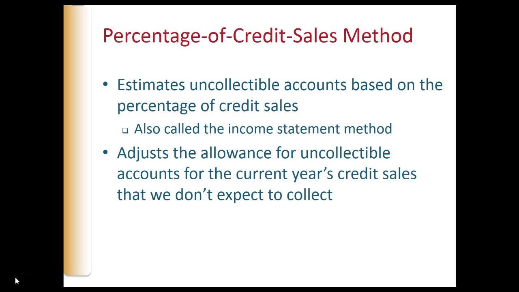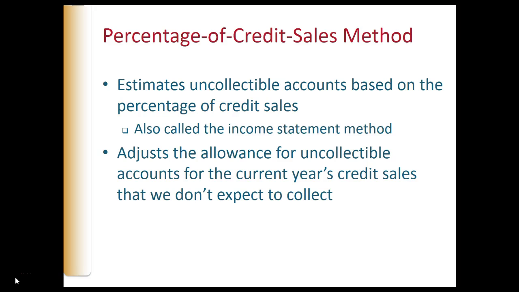So previously we estimated uncollectible accounts based on a percent of accounts receivable at the end of the period. As an alternative, we can estimate uncollectible accounts based on the percentage of credit sales for the year, aptly referred to as the percentage of credit sales method, or the income statement method, because we base the estimate of bad debts on an income statement amount, credit sales.